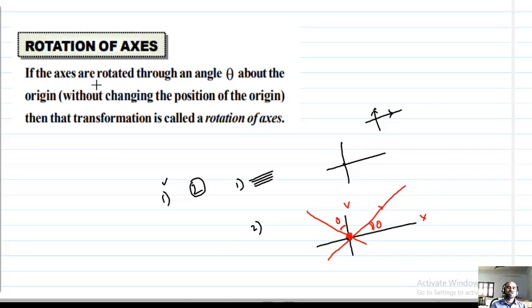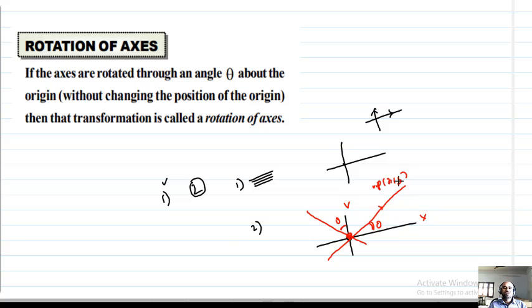If axes are rotated through an angle of theta about the origin without changing the position of the origin, then the transformation is called rotation of axis. For example, P(x, y) are the coordinates of P with respect to the old axis. Automatically the coordinates of P will change with respect to the new axis.